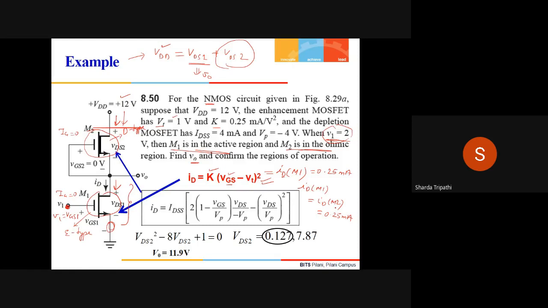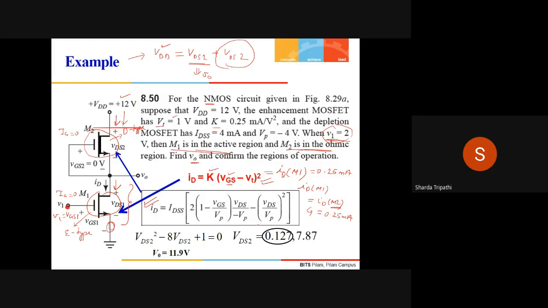For the transistor M2, now we know the drain current, and if I know the drain current, can I find the value of VDS? Yes, because M2 is the depletion type MOSFET working in the ohmic region. I dig my memory and see that when a depletion type MOSFET works in the ohmic region, this is the equation of current.